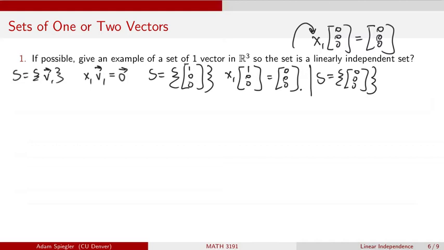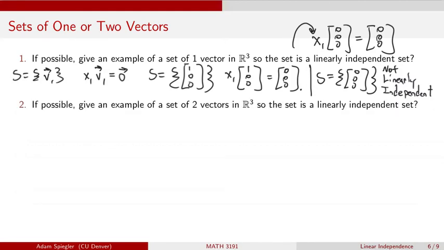So the set that contains the 0 vector, this is not linearly independent. So if I'm considering sets of one vector, as long as that vector is not the 0 vector, that set would be linearly independent. And that's true whether we're in R3 or even if we're in higher dimensions.